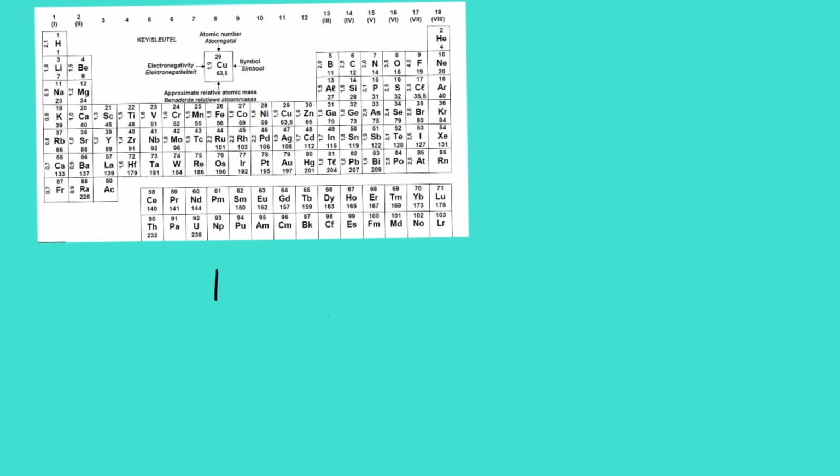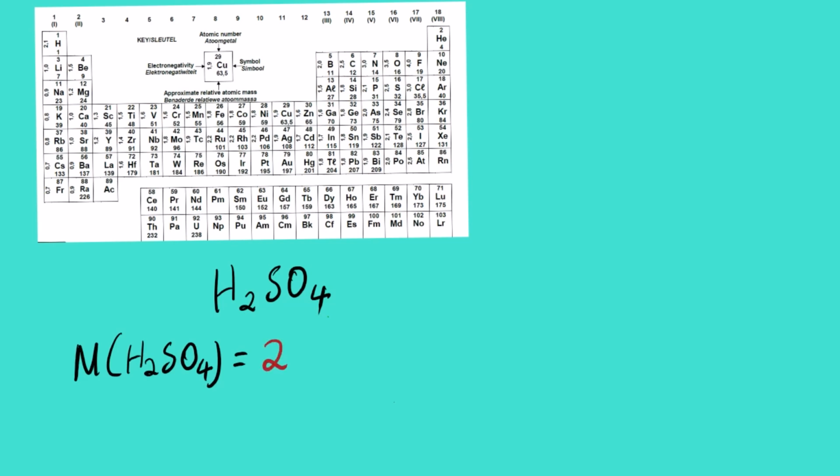Now let us work out this one. H2SO4, sulfuric acid. Now the molar mass of sulfuric acid, we have 2 atoms of hydrogen, 1 atom of sulfur, 4 atoms of oxygen.